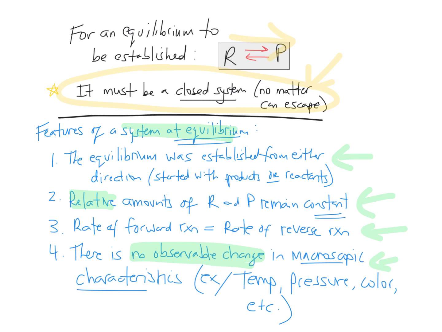We would see the color of the system, maybe on macroscopic inspection, just remain constant. It can include other things like the conductivity or the pH or any other physical or chemical characteristics of the system that we could observe and measure. They would remain constant for a system that is in equilibrium.